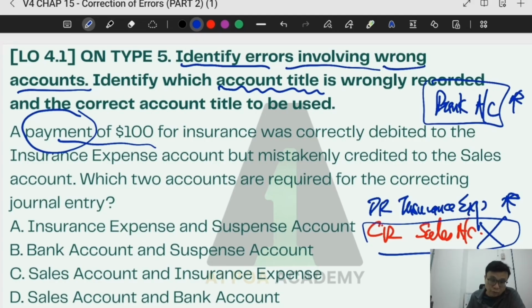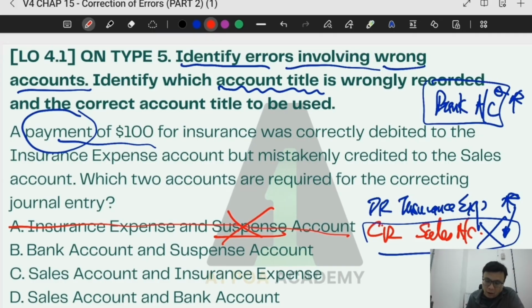So therefore, let us run through A, B, C, and D to check and confirm. First one, insurance expenses and suspense account. No, at no circumstances does a suspense account come into the picture. So this is not relevant, and A is not the correct answer.